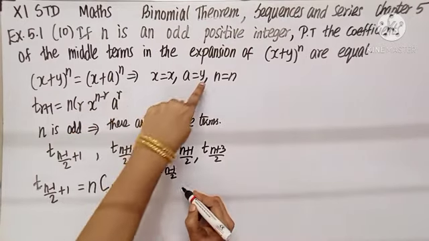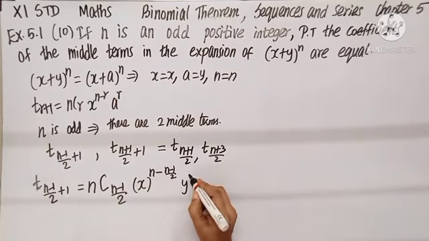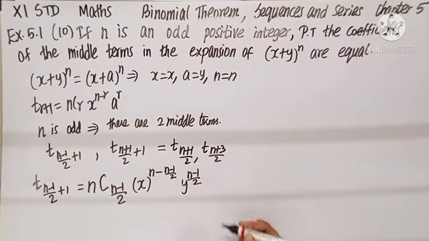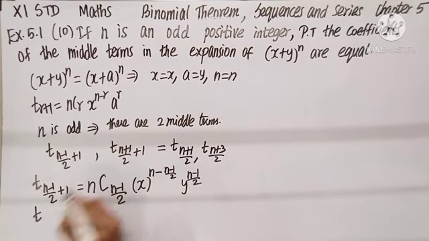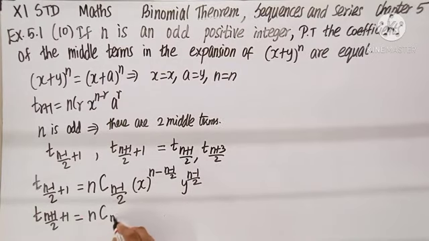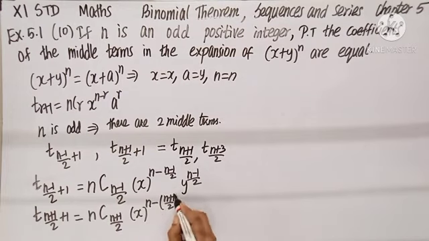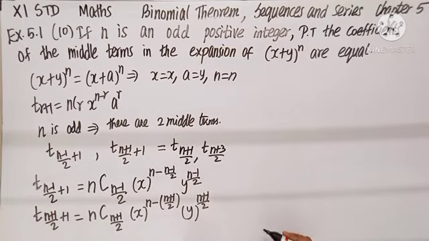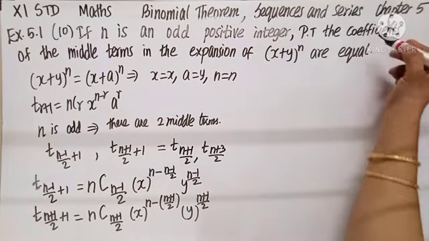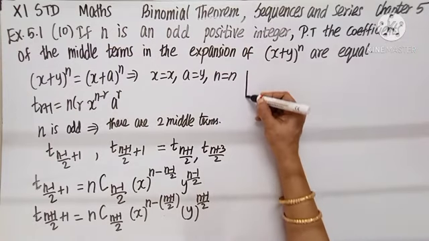In the place of a, I have y, power n minus 1 by 2. The next term, T (n plus 1 by 2) plus 1. This is n C (n plus 1 by 2), x power n minus (n plus 1 by 2), y power (n plus 1 by 2). My question is only the coefficients.